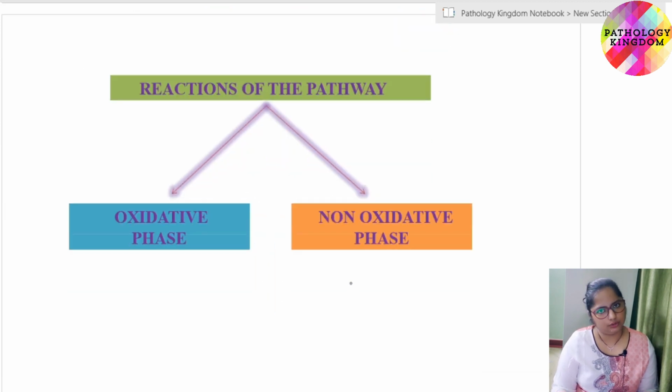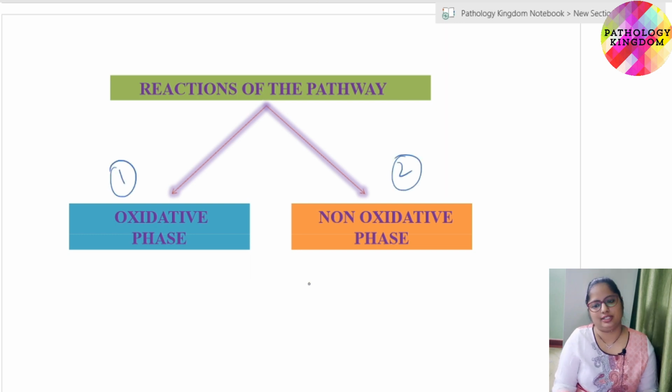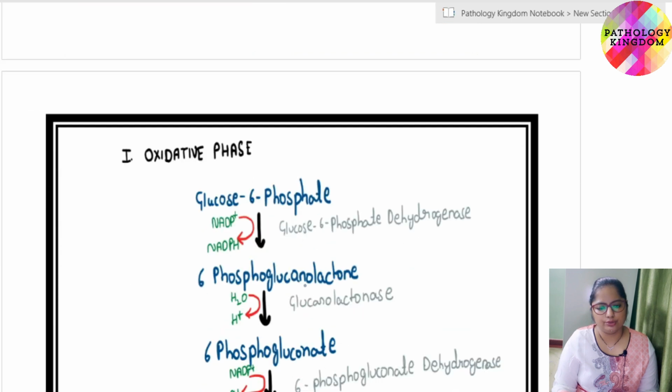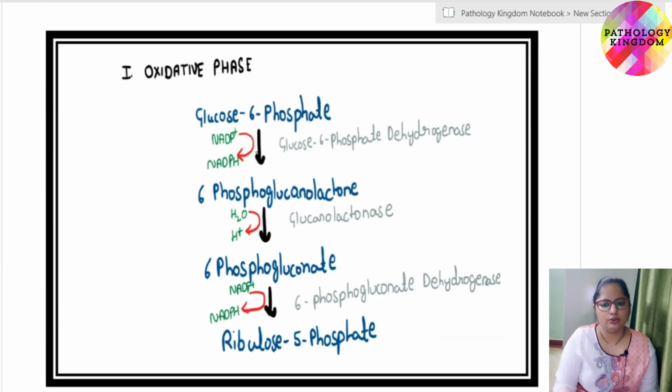It has two phases: oxidative phase and non-oxidative phase. Now coming on to the oxidative phase. It starts with glucose 6-phosphate. Now glucose 6-phosphate is converted into 6-phosphogluconolactone. Then this is converted into 6-phosphogluconate, and then ribulose 5-phosphate.